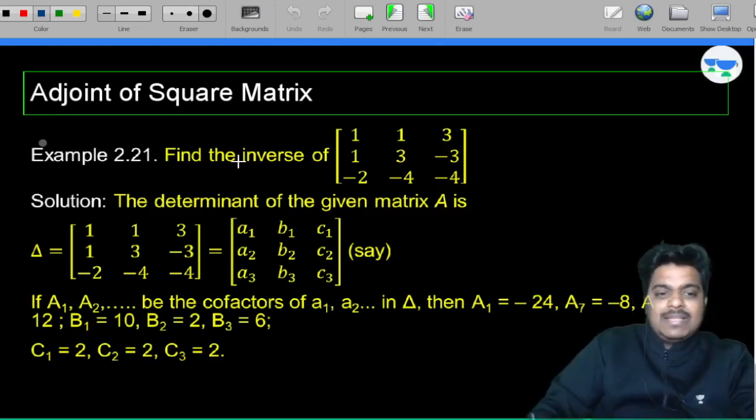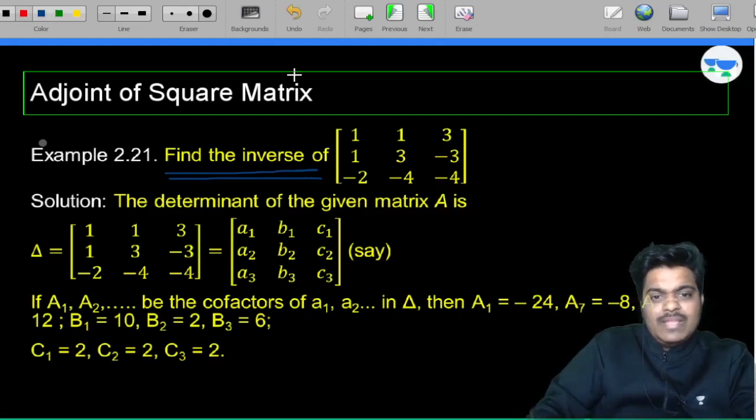For example, let us take a question. Find the inverse of the matrix given. Now let us calculate the determinant.